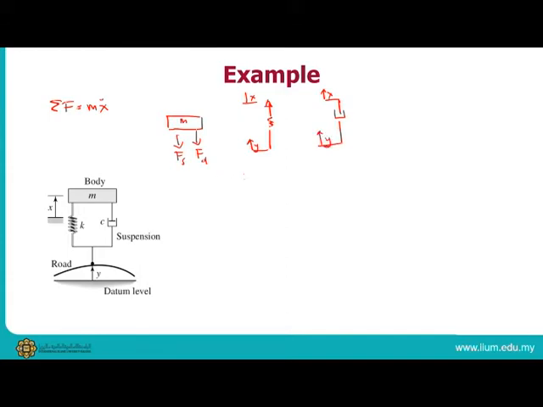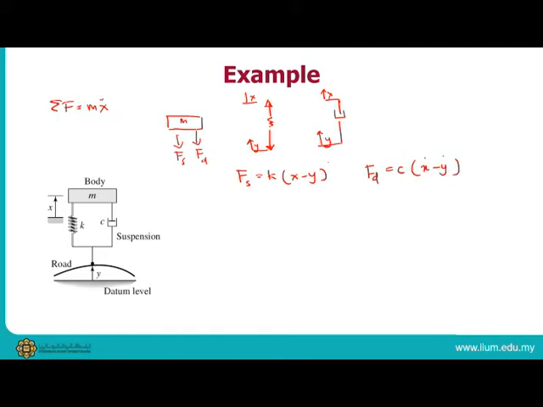So to calculate the force of the spring, it should be equal to k. Upward is positive, so this one is negative, always in the opposite direction. So k times x minus y, and for the damper force it is c times x dot minus y dot.